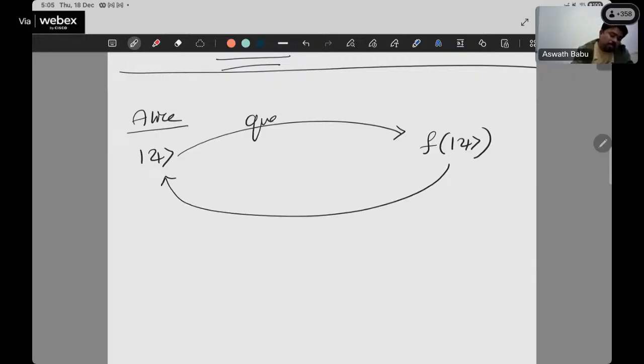So this is a quantum channel. Nobody can take that information and get something out of it, because if something is done, the quantum information gets disturbed, so they can easily notice. That's why using a quantum channel is more secure. By doing this, Alice can find out what the s is.